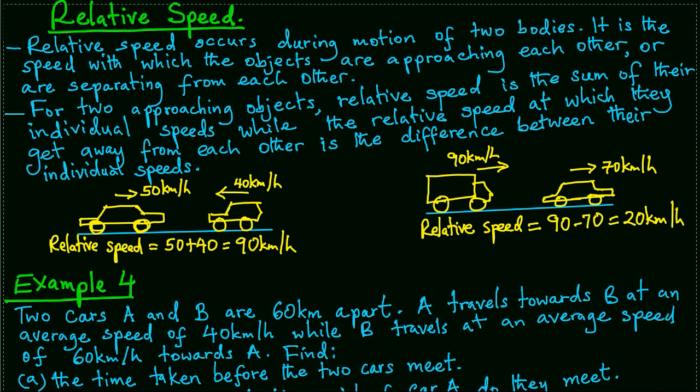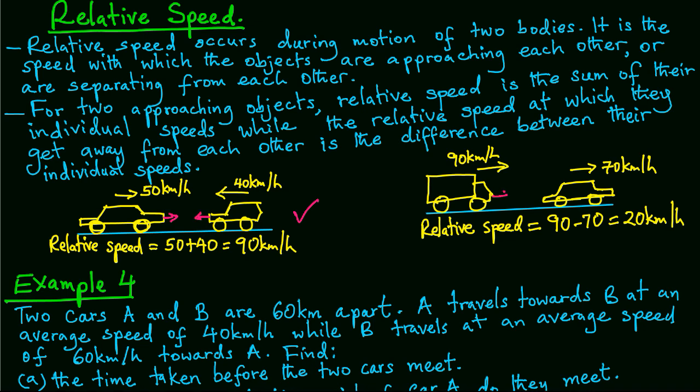And that we can see from our diagrams. In the first case, the bodies are approaching each other, and in the second case, they are moving away from each other. We get the difference. In the first case, we add the speeds.